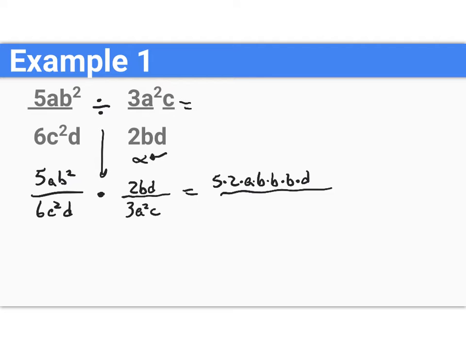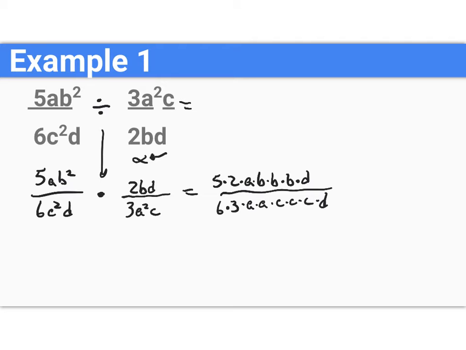All right, 6 times 3 times a, that's a squared, times c, c squared times c, times d.